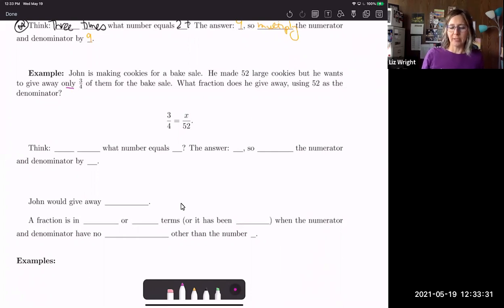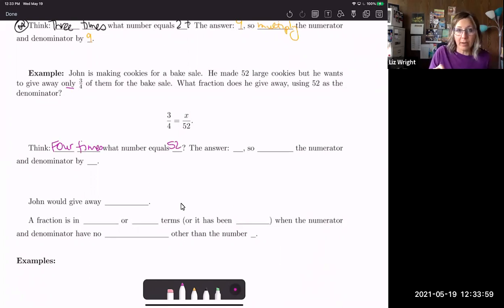And so you're saying, another way to think about this is like, what is 3/4 of 52? Or you can set it up like fractions, right? You can say 4 times what? I'm going to fill that in here. So 4 times what number is going to equal 52.